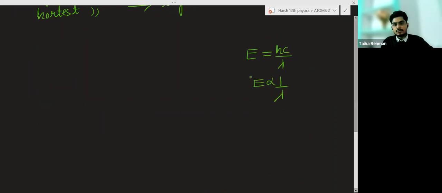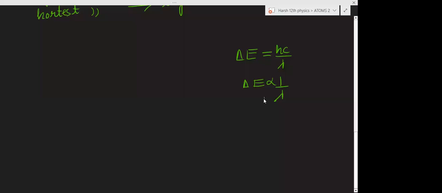Delta E, the change or difference in the energy level, is inversely proportional to lambda.